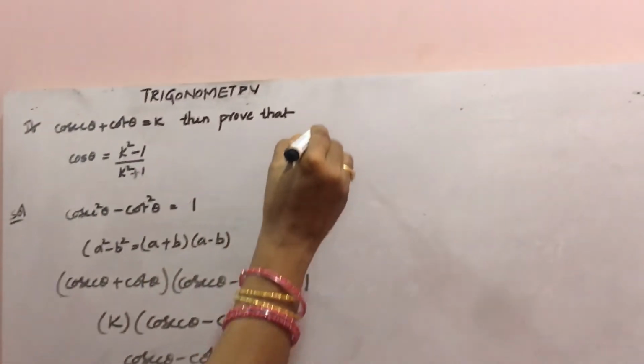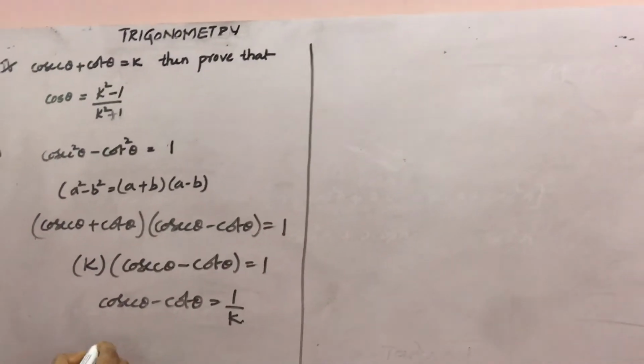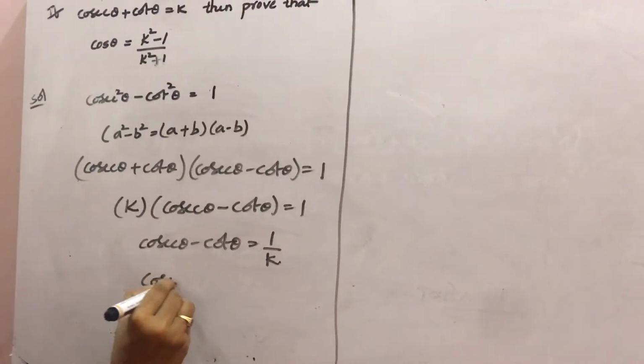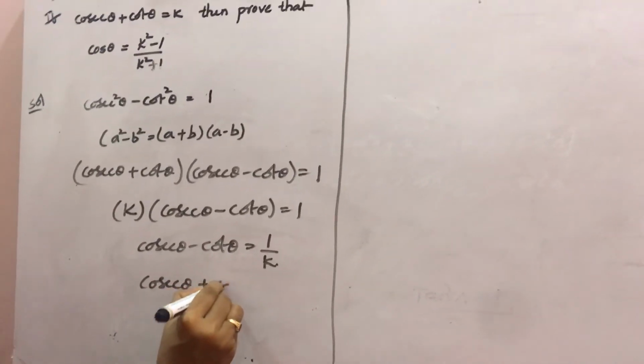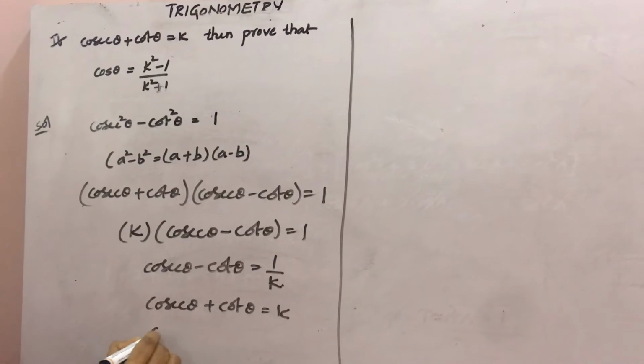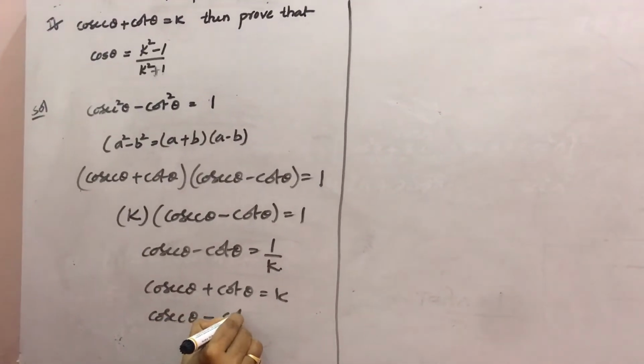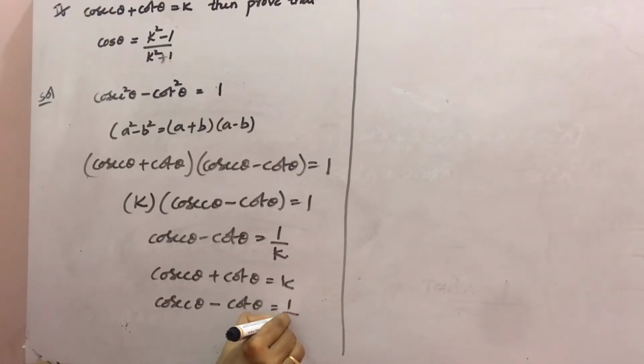Here, what is the given thing? Cosec theta plus cot theta is equal to k. And what we found out? Cosec theta minus cot theta is equal to 1 by k.